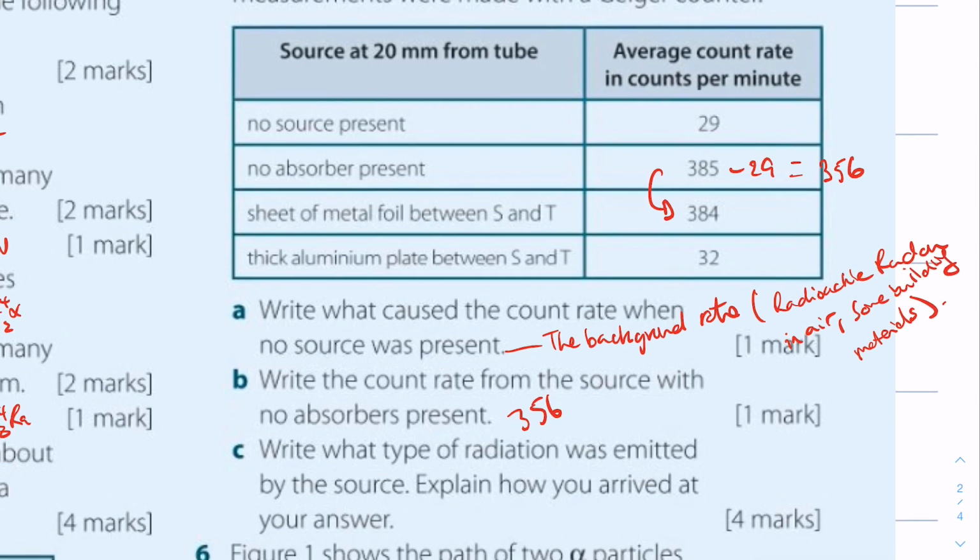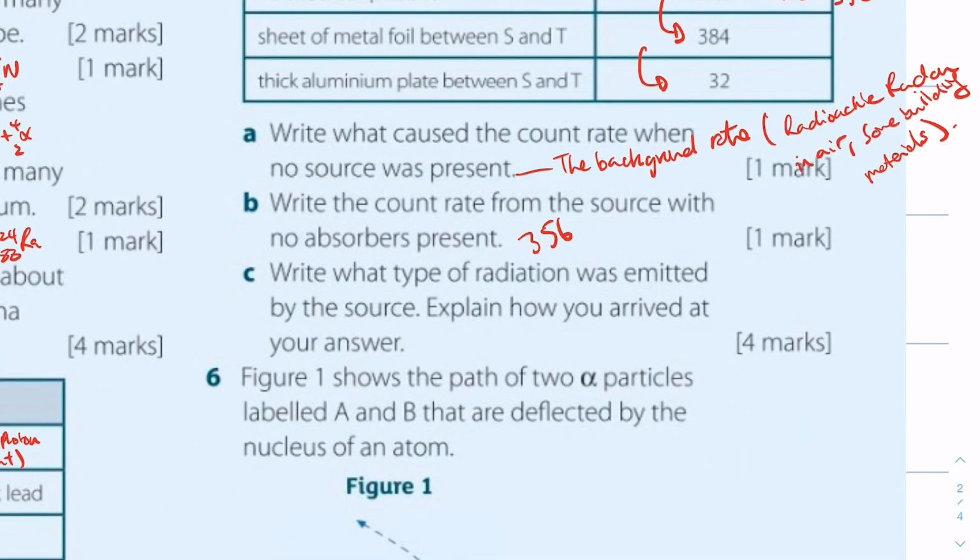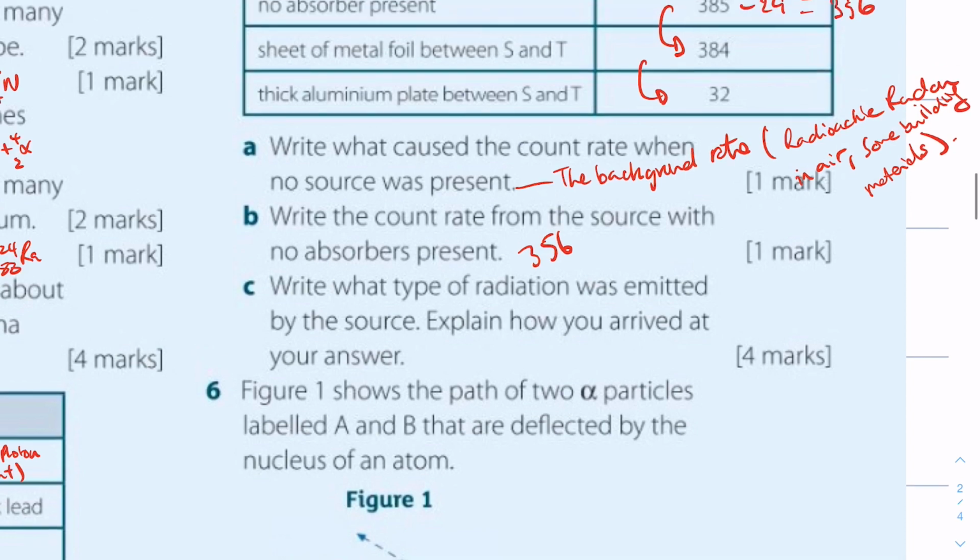So we know that it can't be alpha, because alpha's not going to get through any metal foil. This says it does get through metal foil, but it doesn't get through thick aluminium. So I would argue that this source is either beta or gamma, and it's 4 marks, so we can break this down.